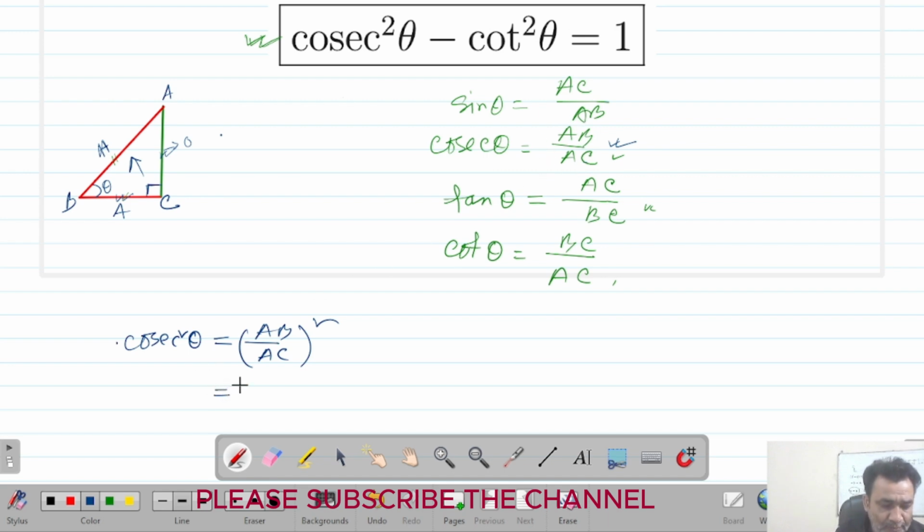And we can write it like AB square by AC square, where AB square is equal to the sum of BC square plus AC square as per Pythagorean theorem. That's why we can write it like AC square plus BC square by AC square.